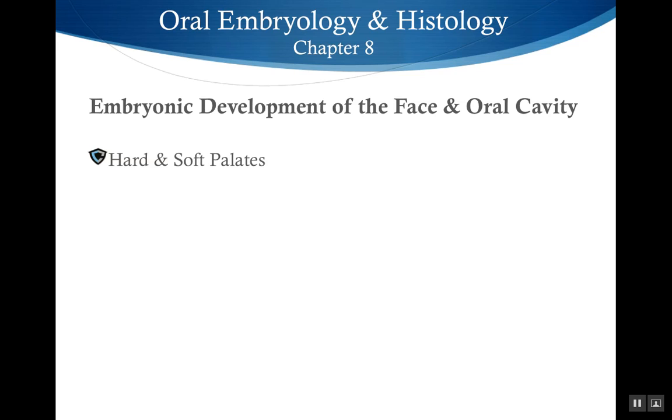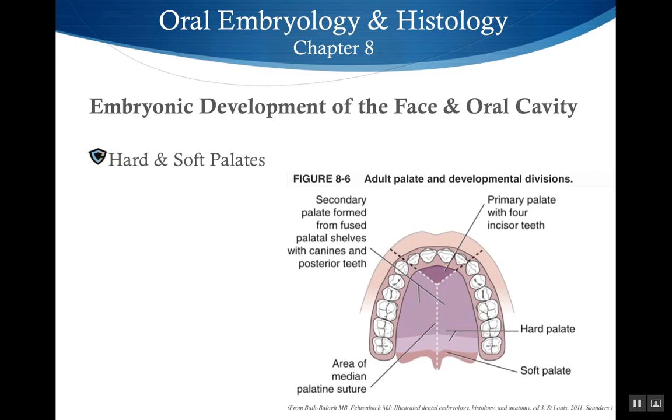All right, so the formation of the hard and soft palates begins during the 5th week of prenatal development. First, with the formation of the primary palate and then formation of the secondary palate.